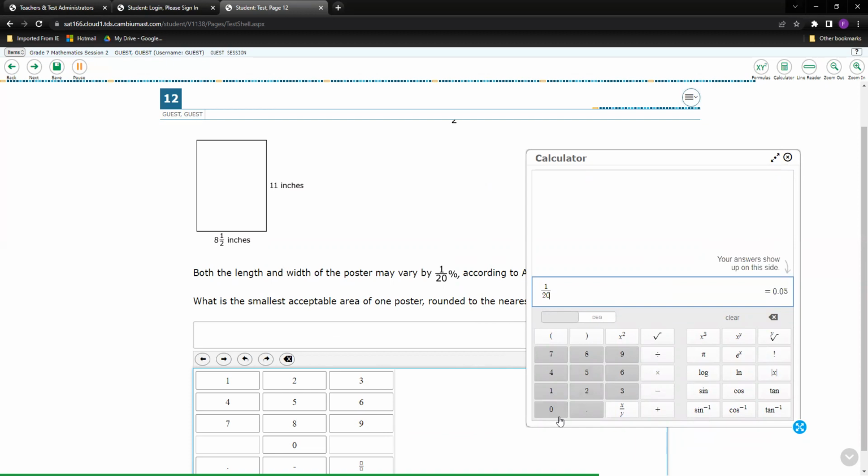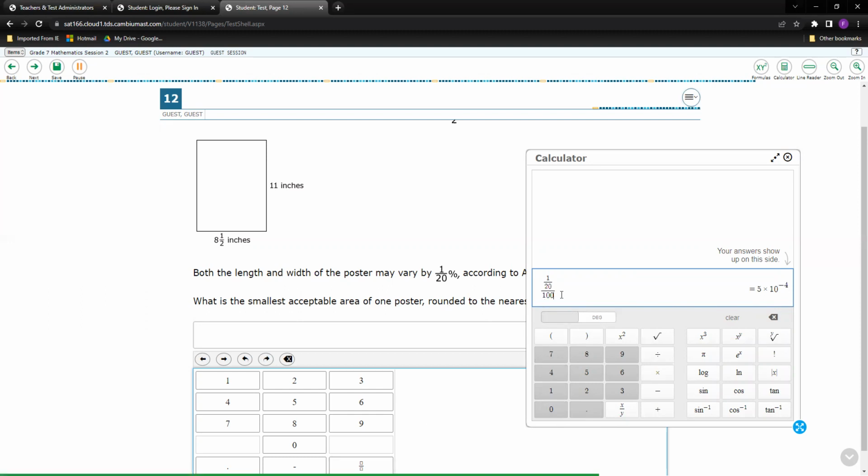That's the fraction, and then percent means divide by 100. Sorry, I'm making it wrong. Have to make sure divided by 100 like that. So it's 5 times 10 to the negative 4.